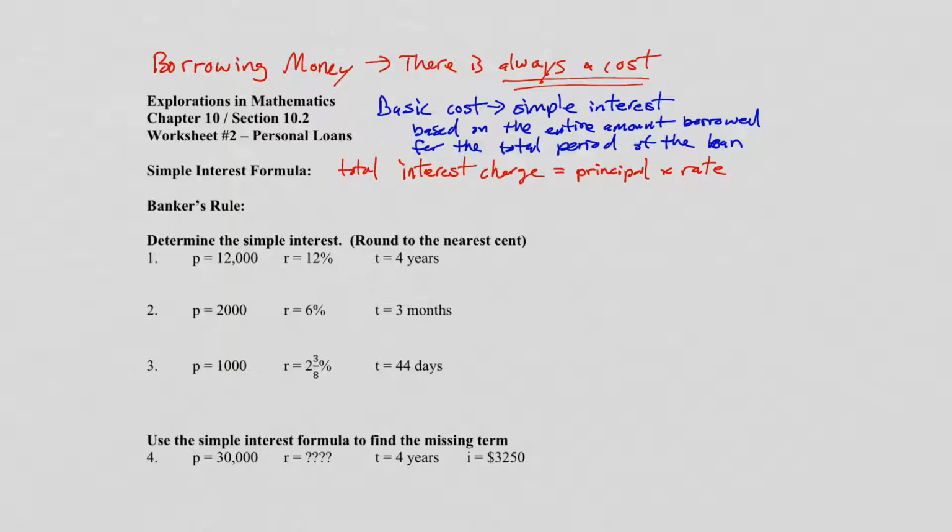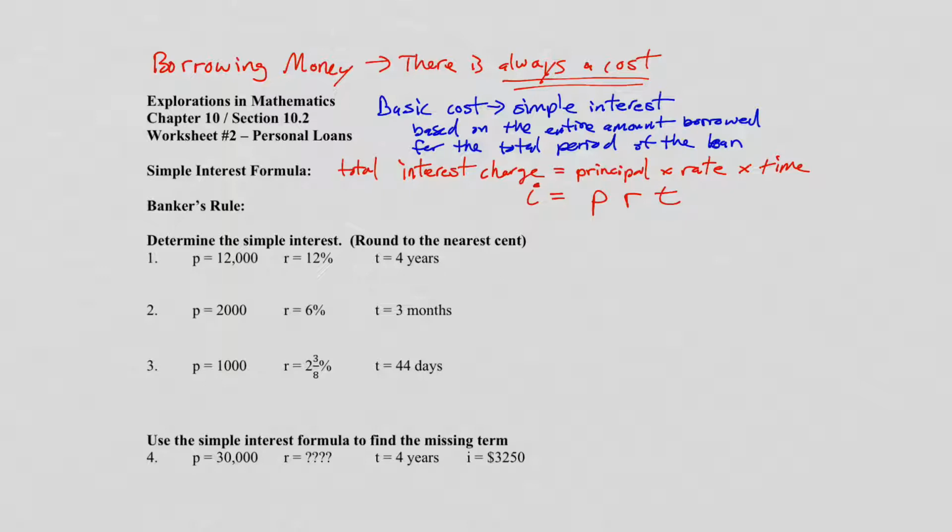That's the percentage that they're going to calculate every year. And times the time. How many years, or how many days, or how many months are you going to be borrowing that amount? Okay, so the formula we're going to be using is I equals P R T. Interest charge equals the principal times the rate times the amount of time.